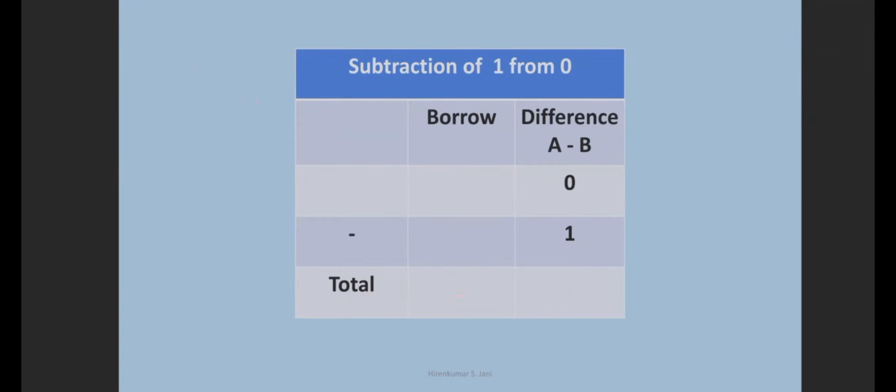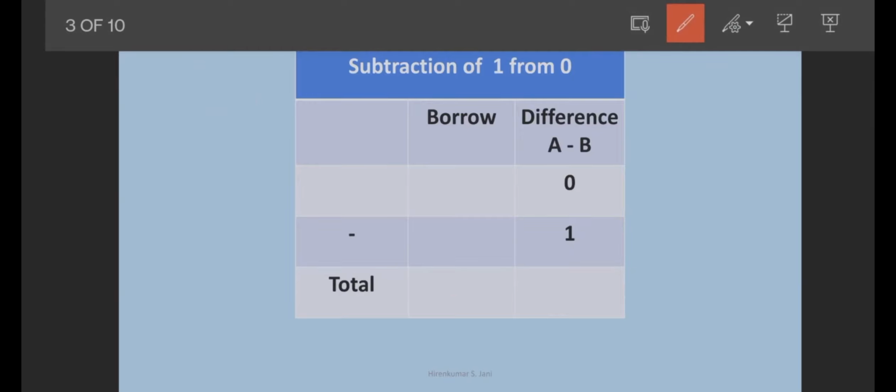For the second case, we subtract 1 from 0. Since we cannot subtract 1 from 0, we have to take one borrow in this manner. Now, what does it mean? We will have, say, 2 raised to 1, it is equal to 2.